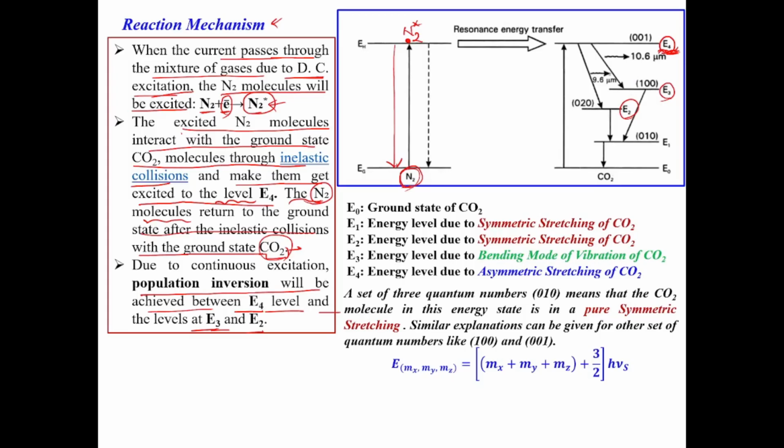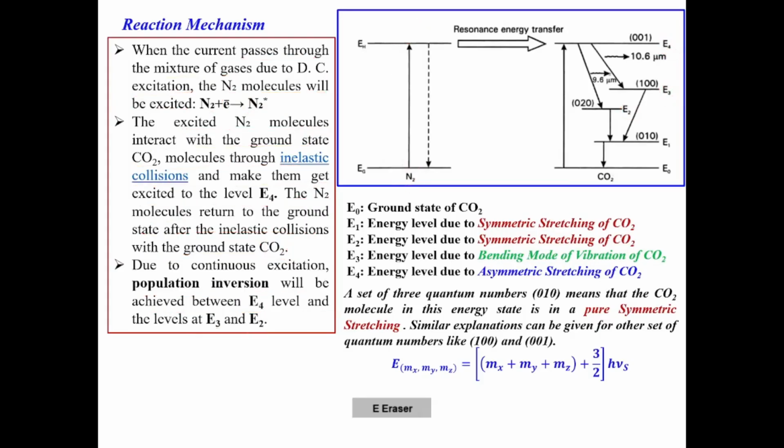Now we are going to discuss the various transitions that happen in this carbon dioxide laser system. Here you can see E0 represents the ground state of carbon dioxide. This one. The E1 energy level is due to symmetric stretching of carbon dioxide. This is your E1 state. The E2 energy level is also due to symmetric stretching of carbon dioxide.